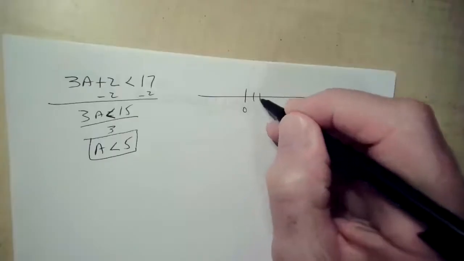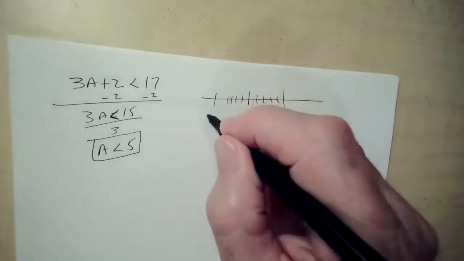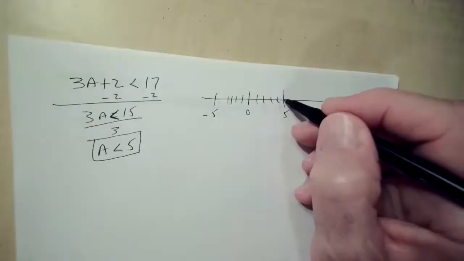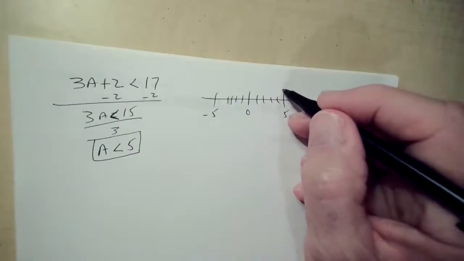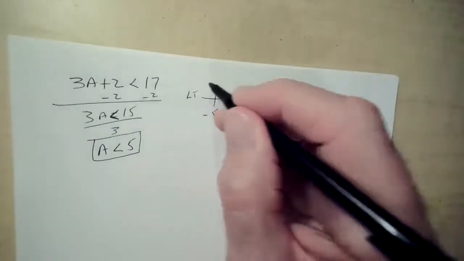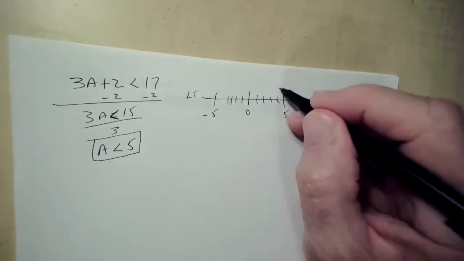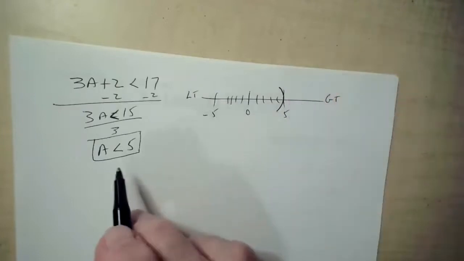Okay, the graph will look like this. Here's 5. Less than, are we going to use a parenthesis or a bracket? A parenthesis. Less than, again, is this way. Greater than is this way. So it's going to be a parenthesis opening to the left.